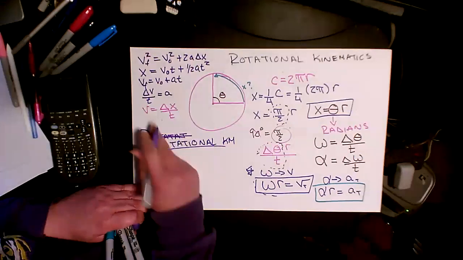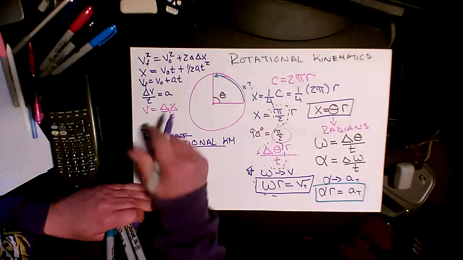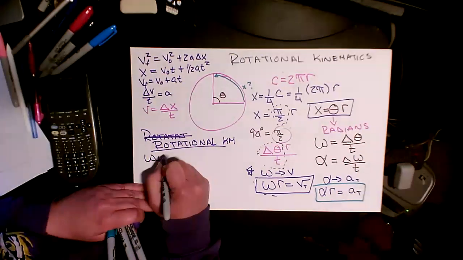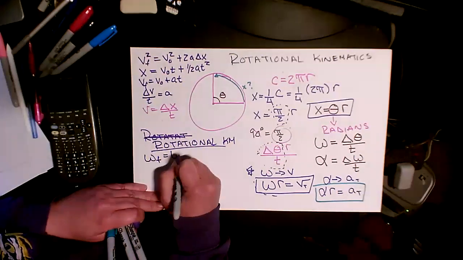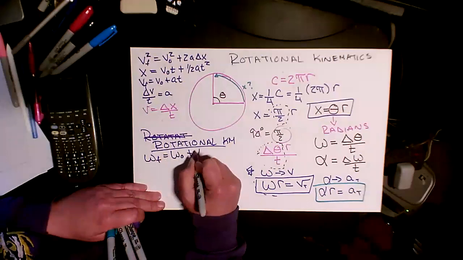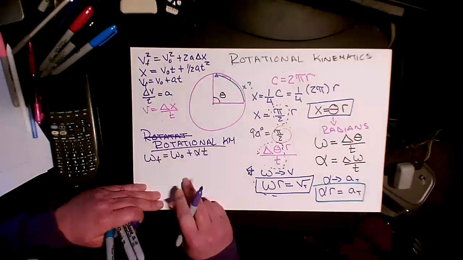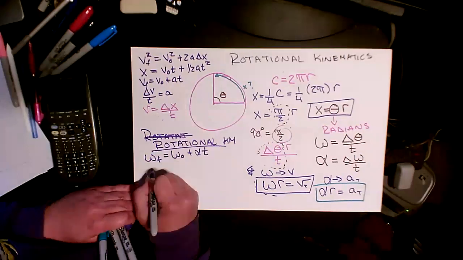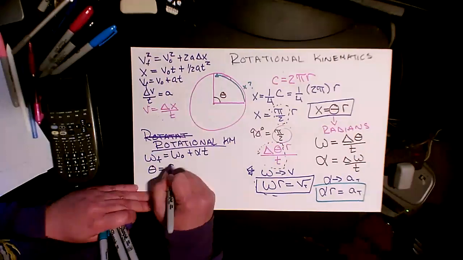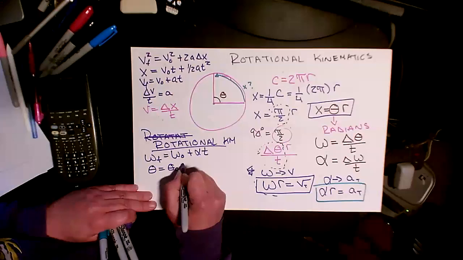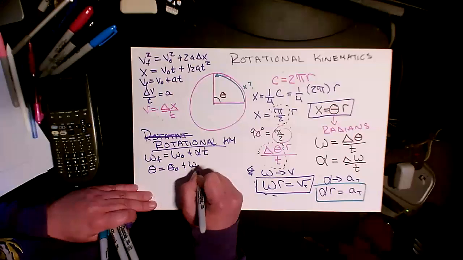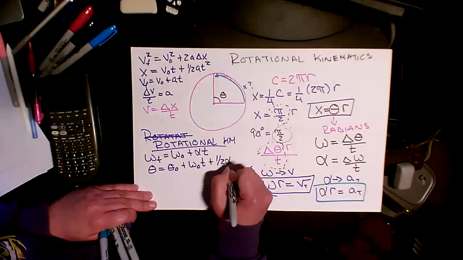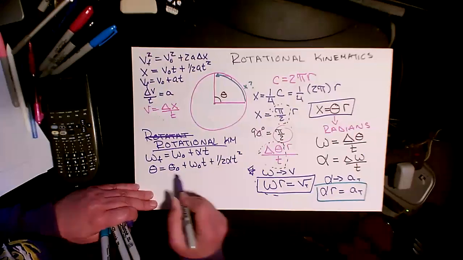What about this? If I replace v, velocity, with omega, I get omega final equals omega naught plus alpha t. It feels like I'm just replacing these things, and indeed I am. Theta equals theta naught plus omega naught t plus 1/2 alpha t squared.